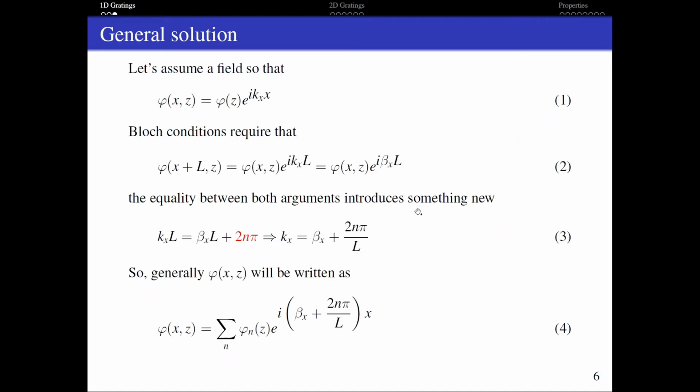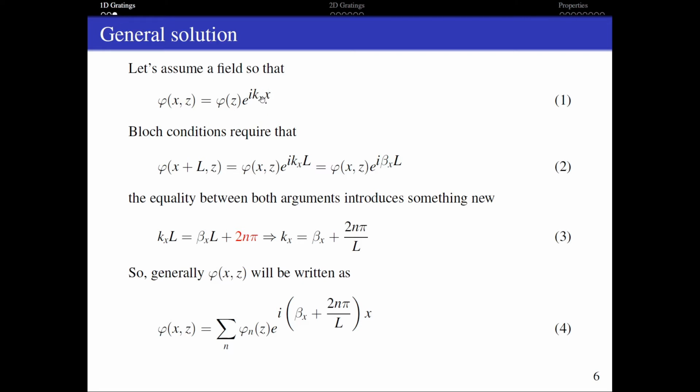Now, any field inside this problem is going to obey a similar equation. Let's say we have a field in the xz plane; we can say that this is an amplitude that is a function of z, multiplied by a complex exponential which contains the parallel k vector of this field, kx, multiplied by the x coordinate.